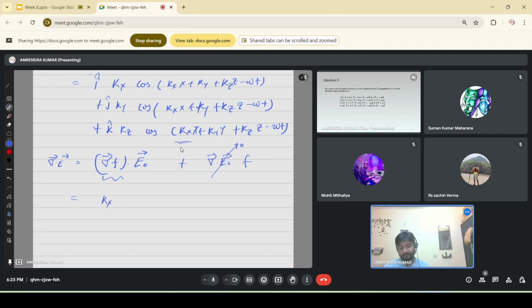So kx Ex naught into cos of k dot r minus omega t, and it's same for all others, so it can be taken out as a common thing.